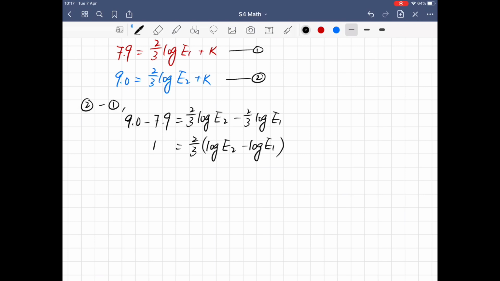And the left hand side equals 1.1. Again, can you see that it is log A minus log B? Then we can use the property of logarithms so that it will become log E2 over E1. And for 2 over 3, we can divide it to the left hand side so that it becomes 1.65.